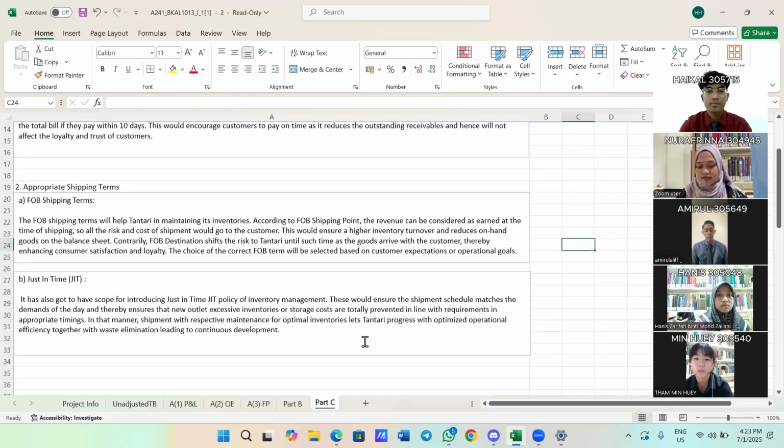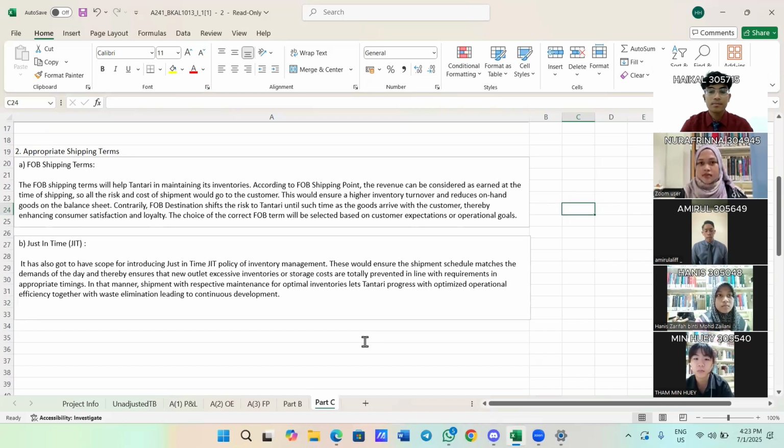So question 2 for part C, the appropriate shipping term to improve sales or revenues, credit management, accounts receivable collection, and inventory management. Everybody would like to start the answer? FOB shipping terms. The FOB shipping terms will help in maintaining inventories. According to FOB shipping point, the revenue can be considered as earned at the time of shipping.